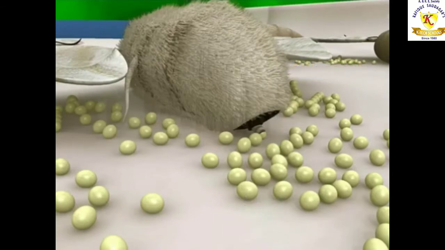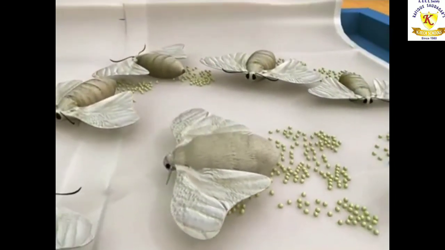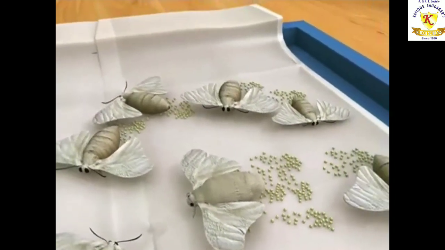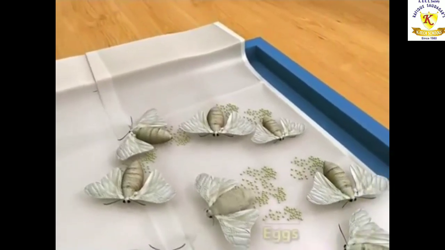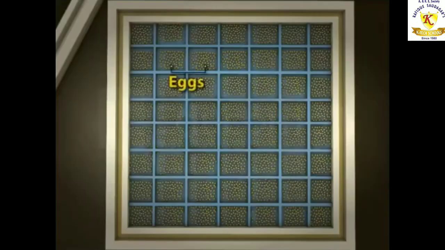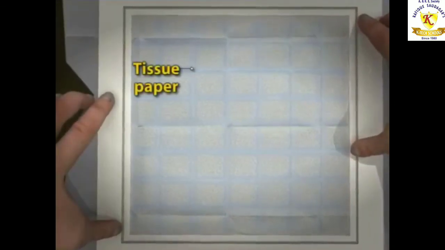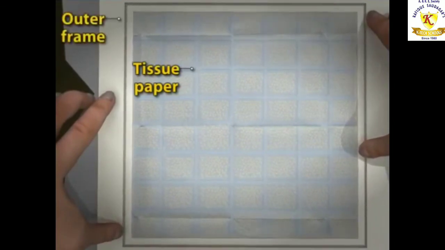The adult yellowish white female moth lays pinhead sized slightly yellowish eggs on a special paper. The eggs are uniformly spread on the egg frame and then covered with a tissue paper and an outer frame.